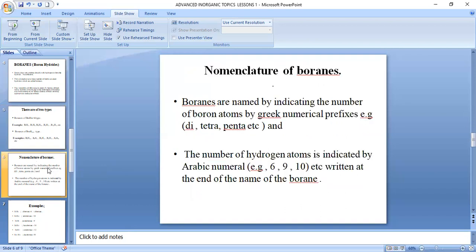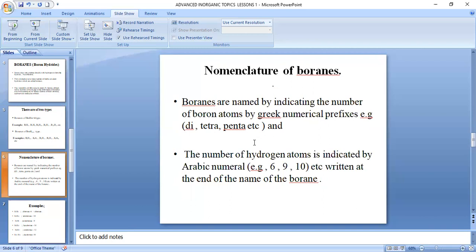Let us look at the nomenclature of the boranes. Boranes are named by indicating the number of boron atoms by the Greek numerical prefix: di, tetra if they are 4, penta if they are 5, hexa if they are 6.